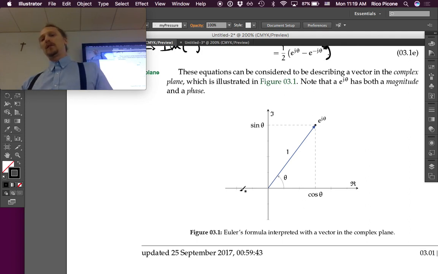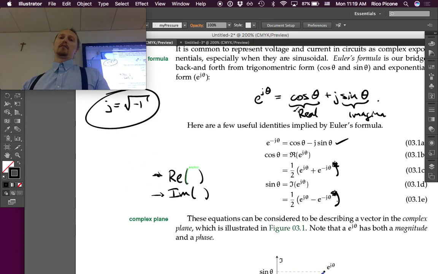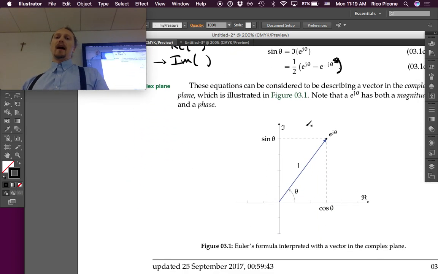Typically, it's traditional to use the real axis as the horizontal axis and the imaginary axis as the vertical axis. The real part of e to the j theta is cosine theta, just like we saw up here. The imaginary part is sine theta.